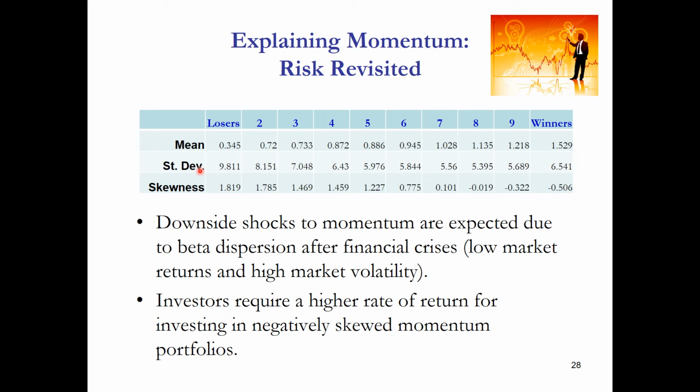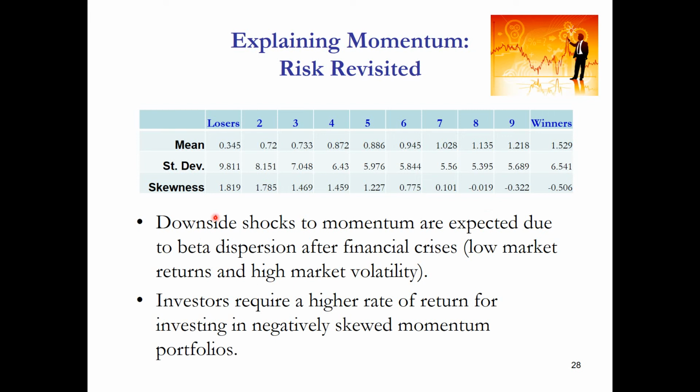However, what if we think of risk in a different context? What if we think about downside risk, or about investors that have different preferences, such as those of prospect theory? We might want to consider the skewness of this particular investment strategy. Look at the third row here, where we have documented the skewness of the portfolios from losers to winners.